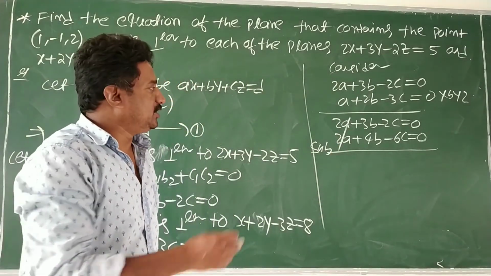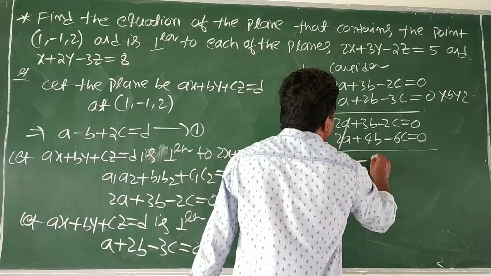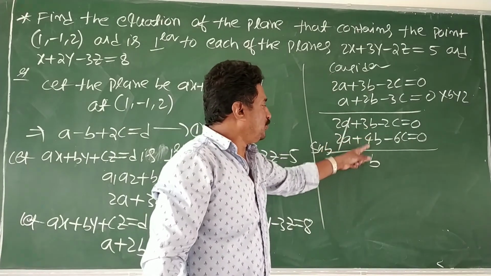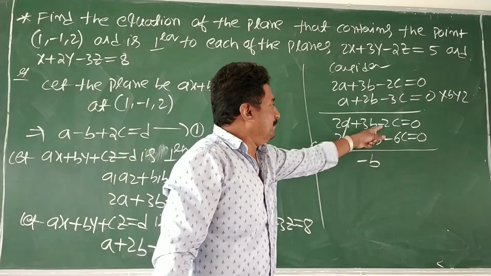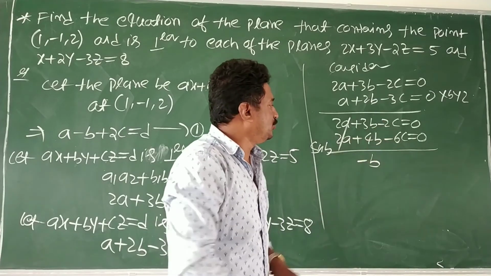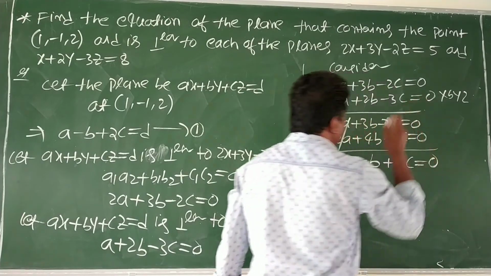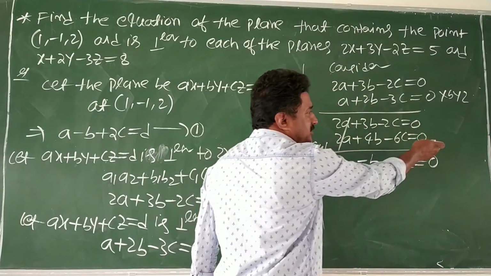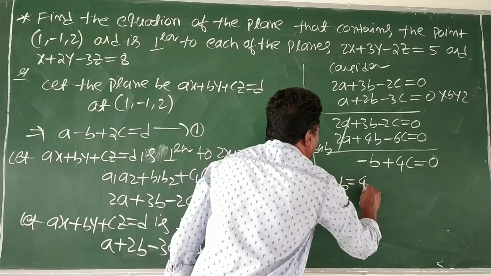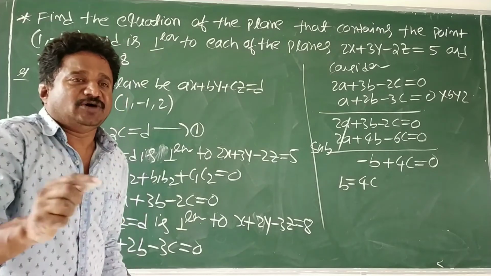On subtracting, 2a minus 2a is 0, 3b minus 4b is minus b, minus 2c plus 6c is 4c, equal to 0. Sending b to the right side, b is equal to 4c. I got b in terms of c.